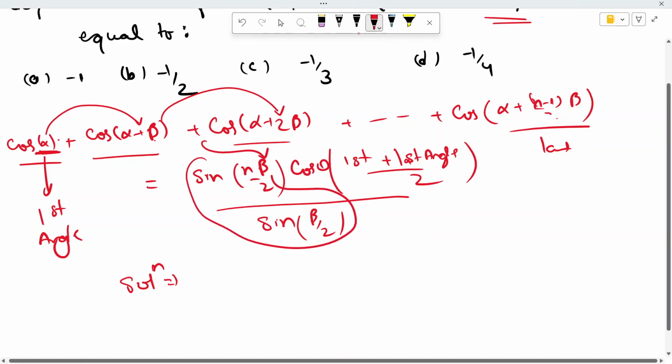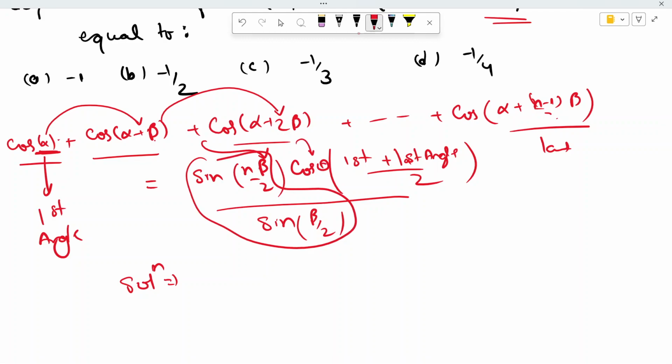So everything is the same, the only difference between the sine and cos versions of this formula is that in the sum of sines you put sine everywhere, and in the sum of cosines you just put cos here. Rest all is sine. Okay.